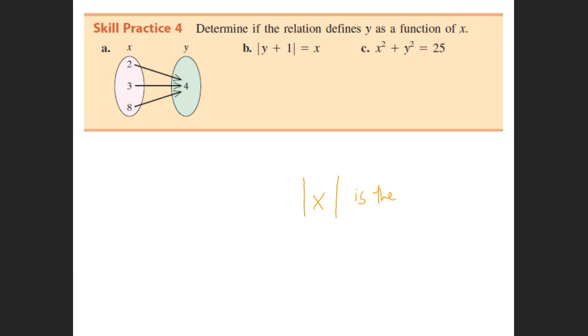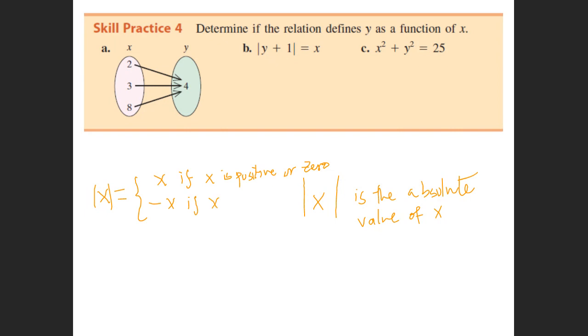This is the absolute value of x. What does it mean? It means it's the same x if x is positive, or 0, of course. It's minus x if x is negative.